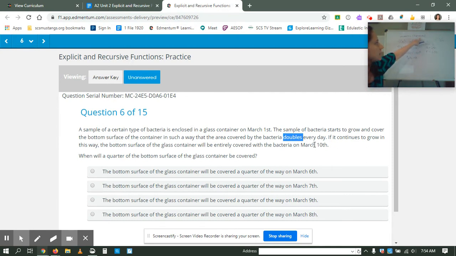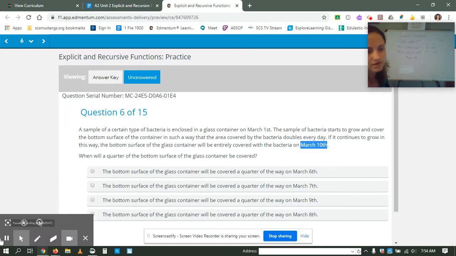This is going to be exponential, which means we're going to be using our geometric forms. If it continues to grow in this way, the bottom surface of the glass container will be entirely covered with bacteria on March 10th. When will a quarter of the bottom of the surface of the glass container be covered? So I'm going to work on getting this up on the board, and I'll be right back.